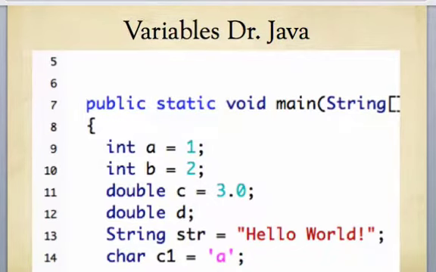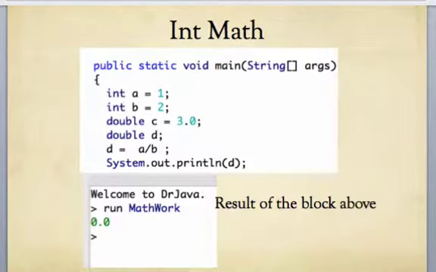Well, let's look and see what happens when we do math with ints. If I have int a is 1, int b is 2, and then I say d, which is a double, is equal to a divided by b, I get 0. Well, that's because a and b are integers, or ints, and I have no decimal places for 1/2.